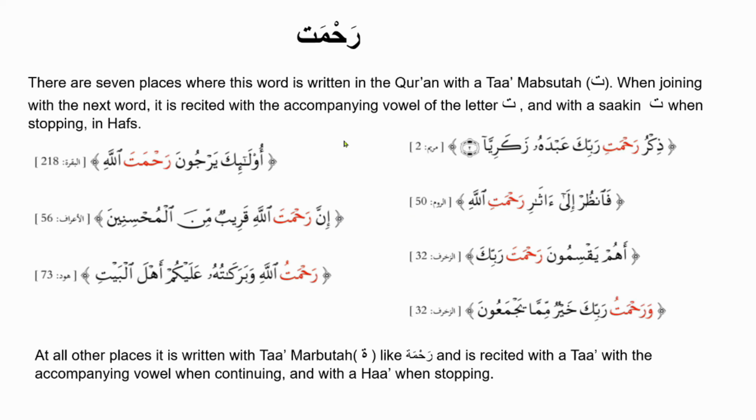And in the recitation of Hafs, when we join this word with the next word, it is recited with the accompanying vowel. And when we choose to stop on this word, we will stop with the letter ta and not with ha sakina. For example, in Surah Al-Baqarah, upon continuation, we will say Rahmatallahi. And if I choose to stop on this word, I will say Rahmat.